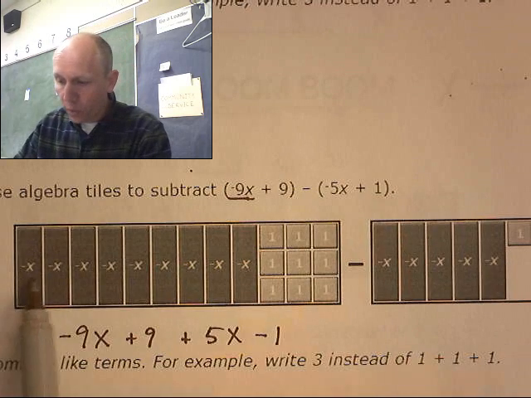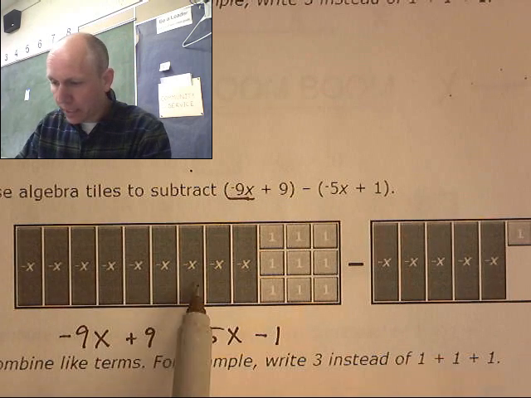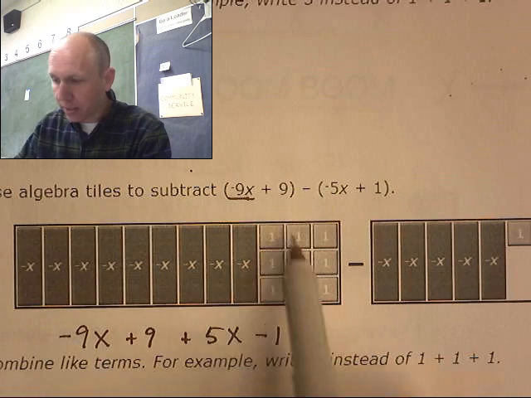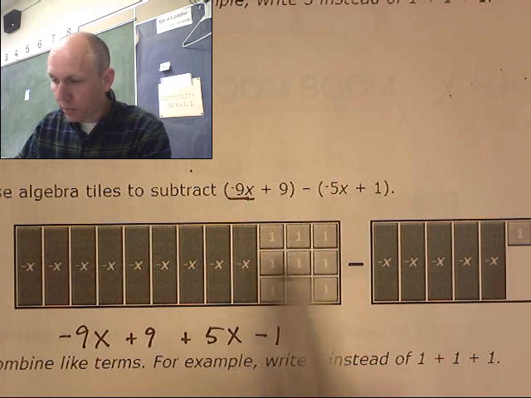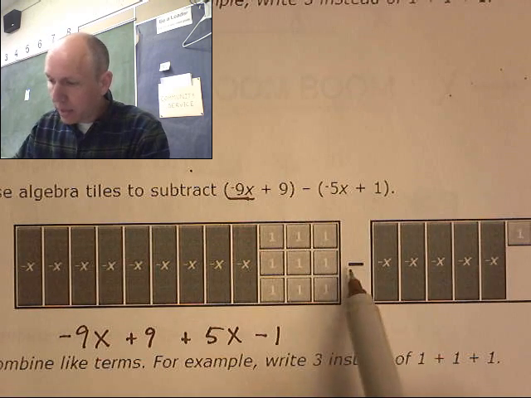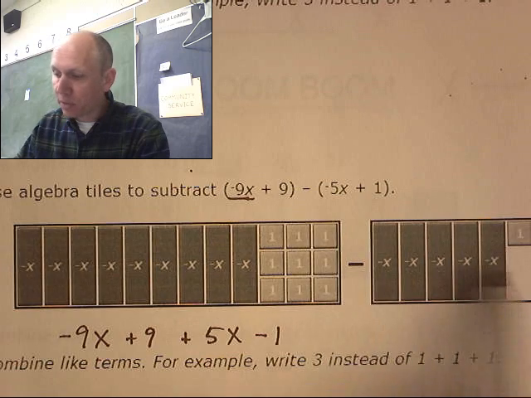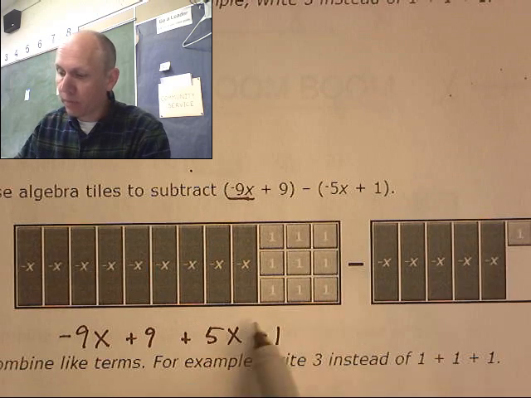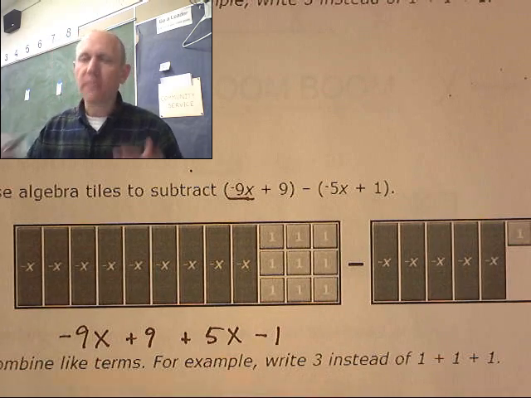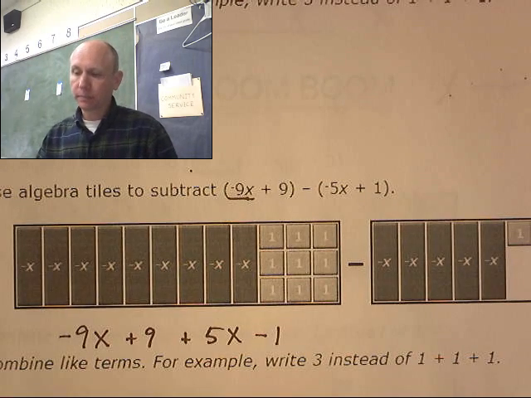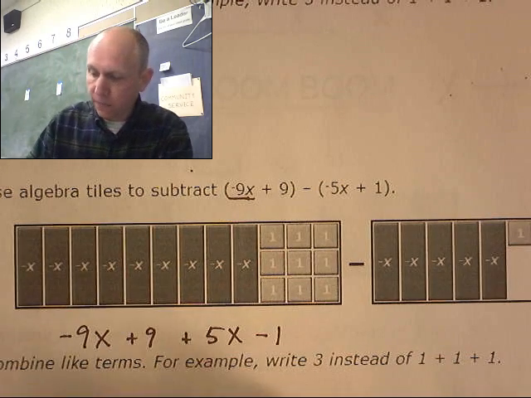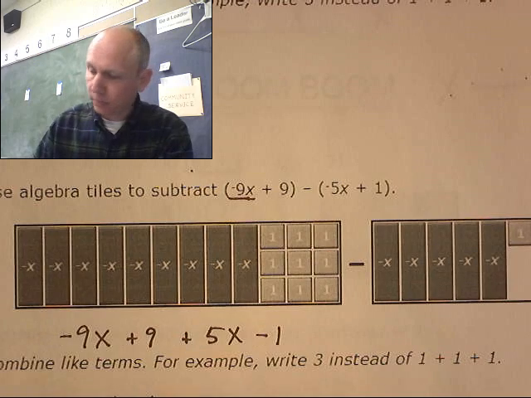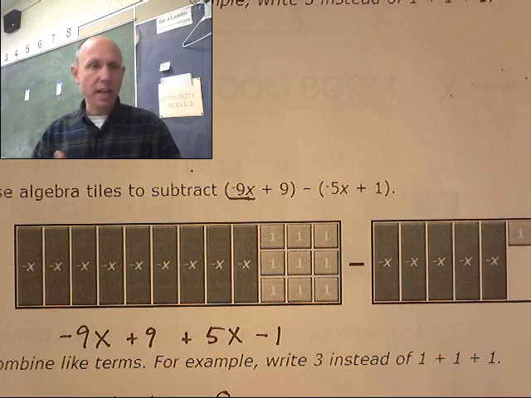Negatives, these all become positives because of the boom boom, and that becomes a negative 1. So I have negative 9x plus 5x, that's negative 4x. 9 minus 1, positive 8. There it is.